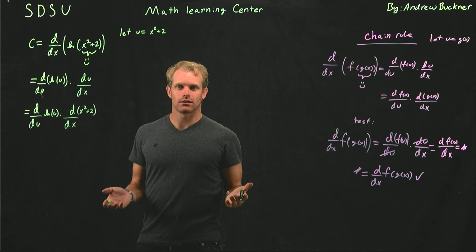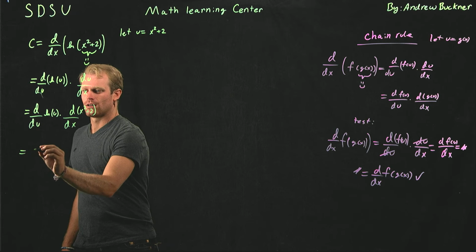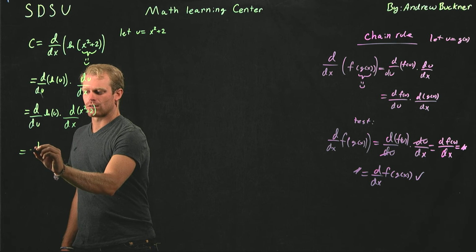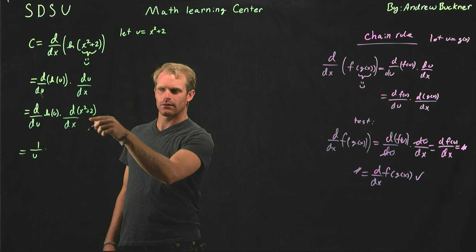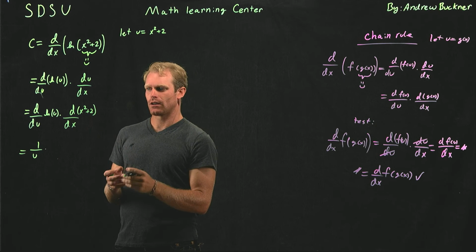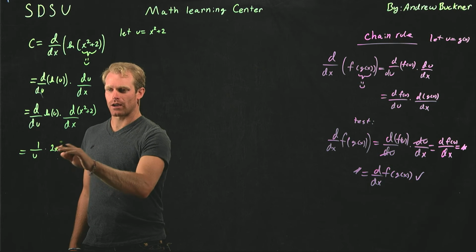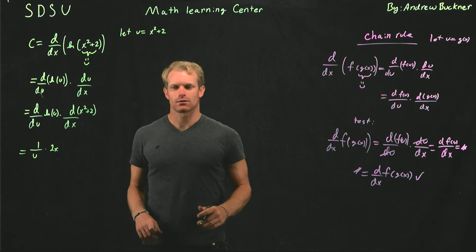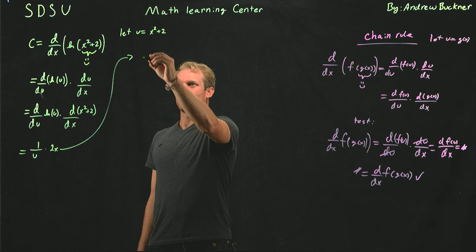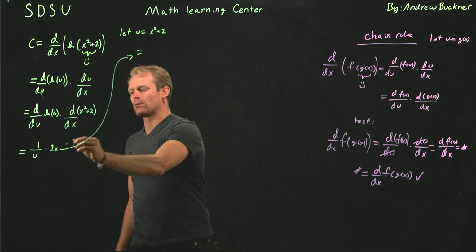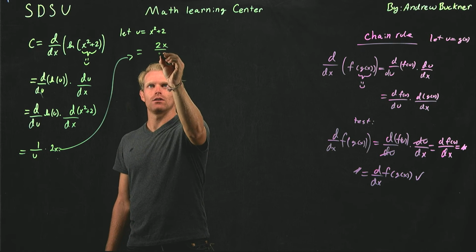Now the last thing to do is just take the derivative, where now we get the derivative of the natural log is 1 over u, and then we're multiplying that by the derivative of the inner function here, and we're going to use the power rule to get 2x when we take the derivative of x squared plus 2. We're going to go back up here now. And from here, what we're going to get is 2x over u.